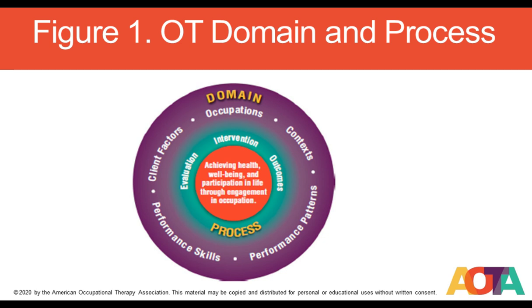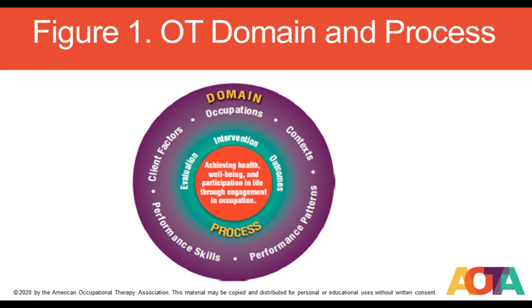Figure 1 represents aspects of the domain and process and the overarching goal of the profession of achieving health, well-being, and participation in life through engagement in occupation. Although the figure illustrates these two elements in distinct places, in reality, the domain and process interact in complex and dynamic ways as described throughout OTPF4.